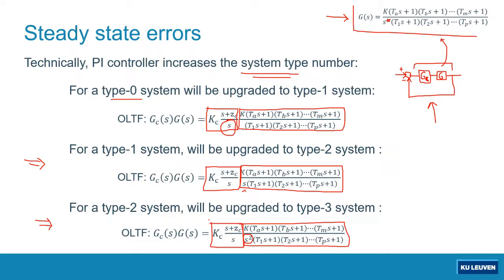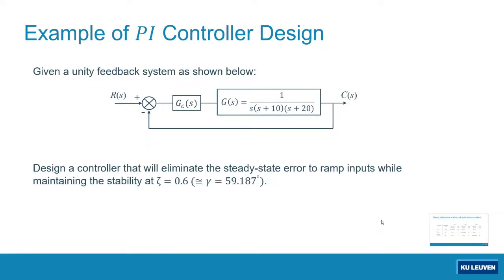This is something that we are going to discuss in the next slide. Okay, to illustrate the importance of increasing a type number in our unity feedback system, let's take a look on the following example. An example on PI controller design.